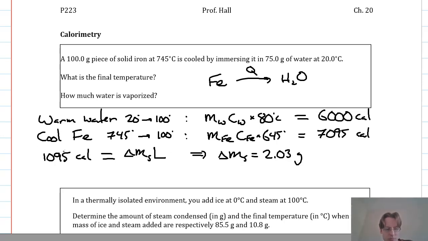It might be useful for me to show it a little more systematically. What I'm really doing here is setting the heat that comes out of the iron equal to the heat which enters the water. So let me write it that way. This is one way to think about it.